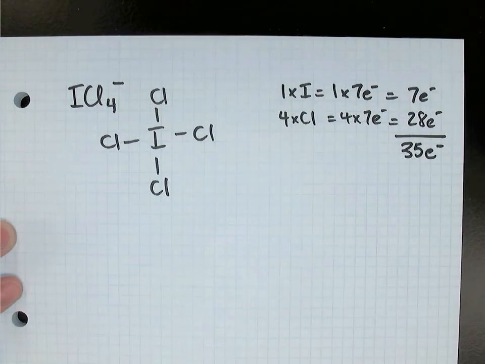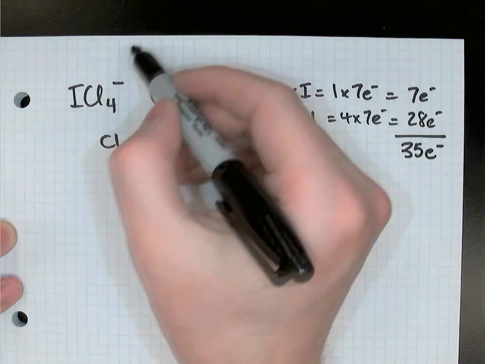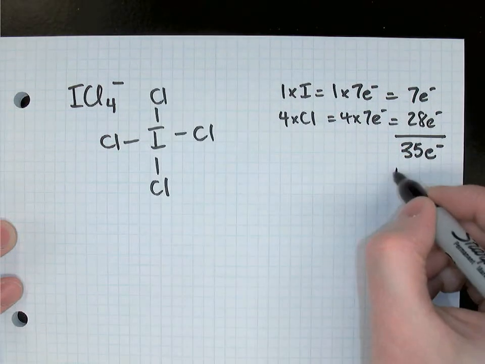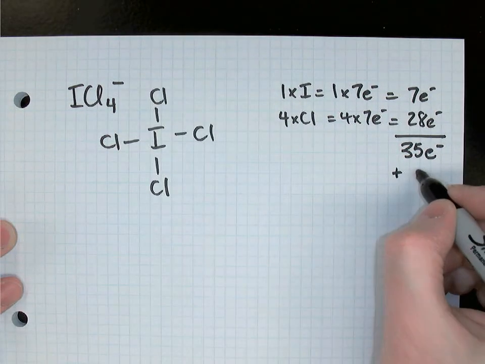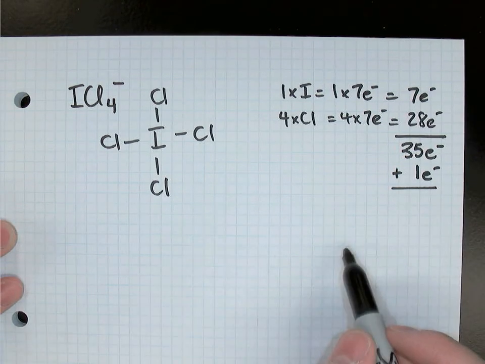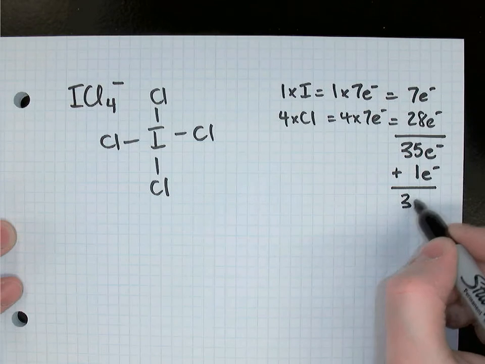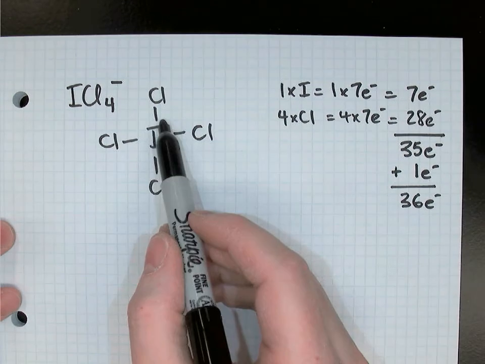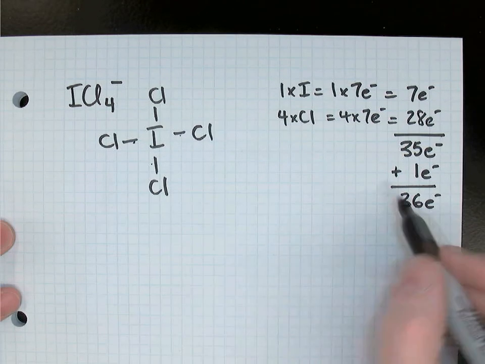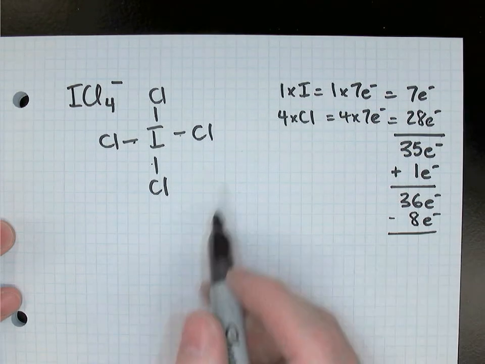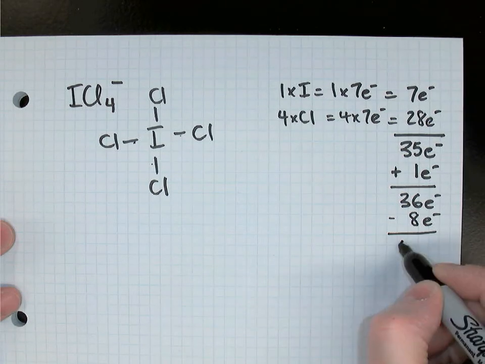However, remember that this thing is negatively charged, so because it's -1, we'll add 1 more electron. If it were 2 minus, we would add 2 more electrons. So we have 36 electrons to play with. We've already used 2, 4, 6, 8. So if I take away the 8 electrons that we've already used in connecting the atoms, we have 28 electrons left.